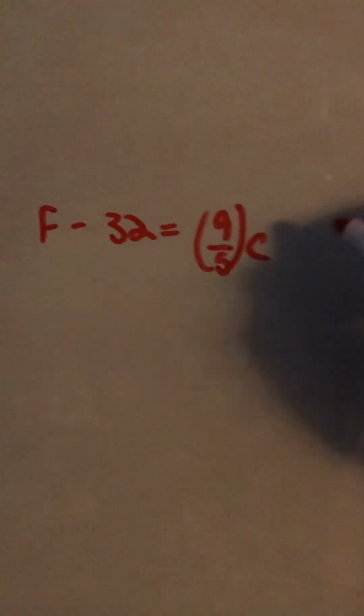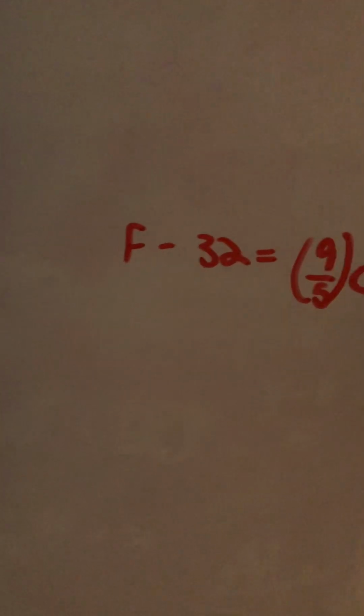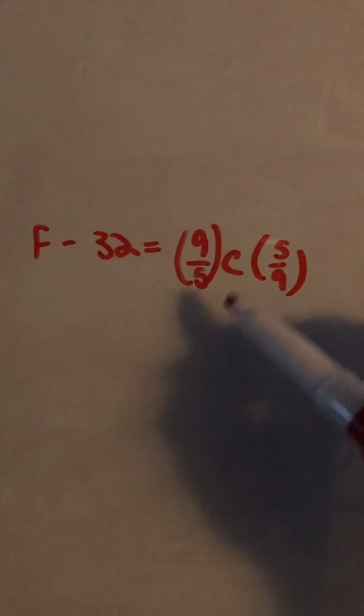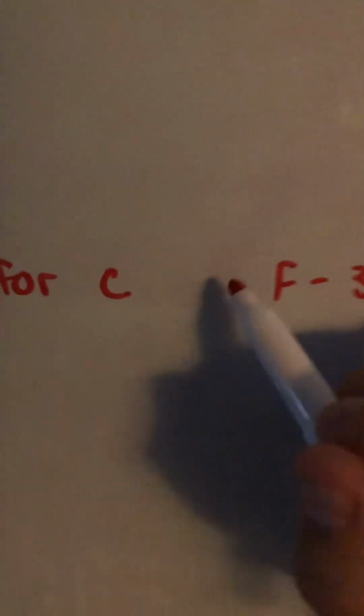To get rid of that fraction, I want 1c on one side of the equation and then solve for c, because that's what I ultimately want. So I'm going to multiply each side of the equation by the reciprocal of the fraction. It's 9 over 5, so the reciprocal is 5 over 9. So that cancels out, and make sure you do it on both sides of the equation. So 5 over 9 times F minus 32 is thus equal to c.